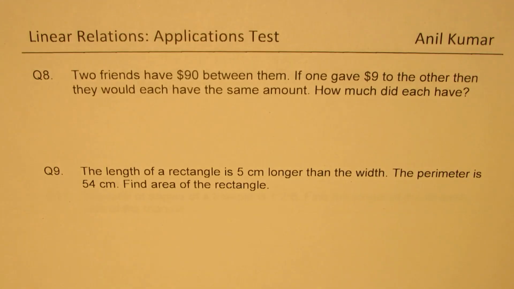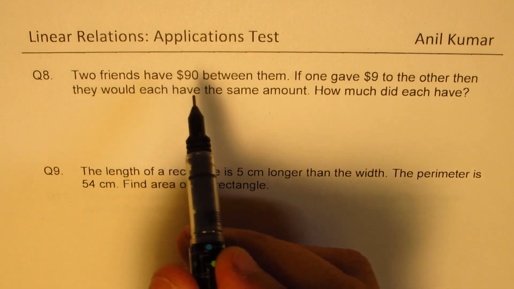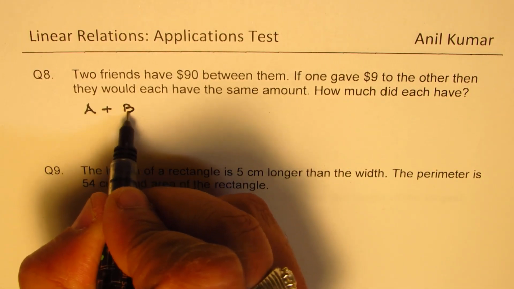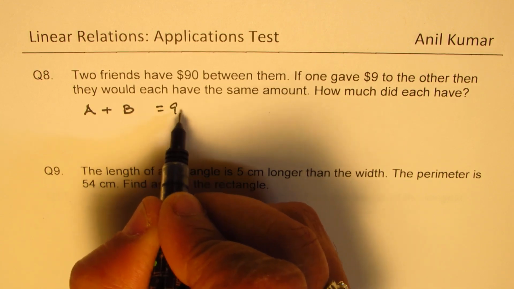Now, the next question here is, 2 friends have $90 between them. If one gave $9 to the other, then they would each have the same amount. How much did each have? Okay, so let's say the friends are A and B, right? So again, A plus B, they are a total of $90.